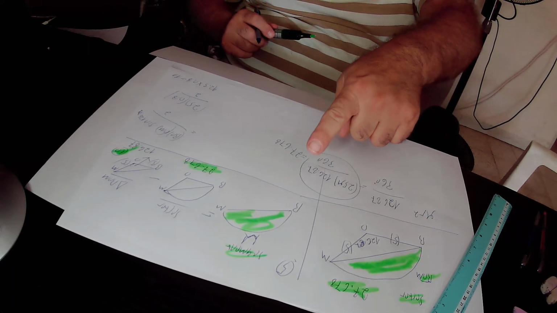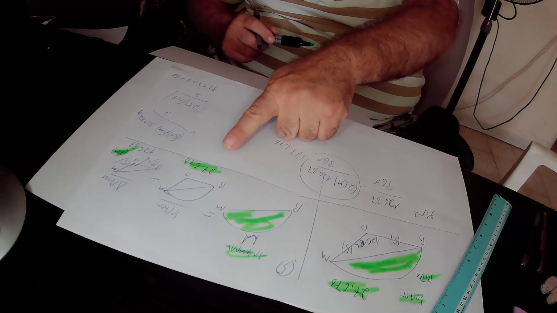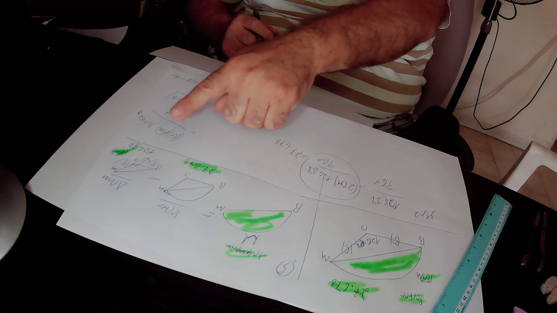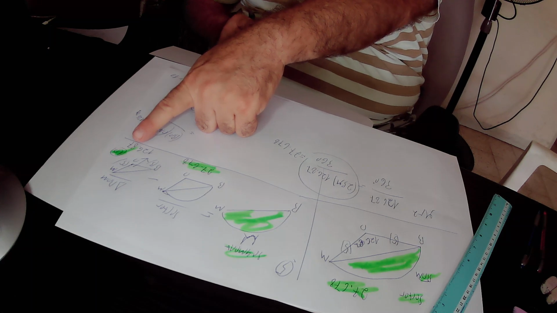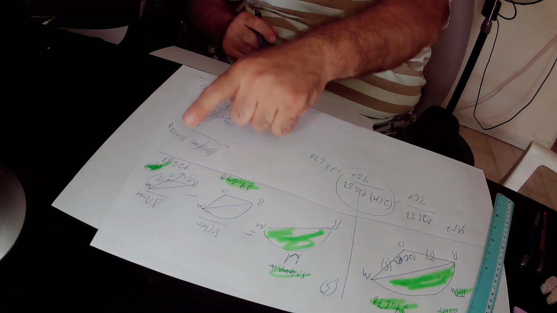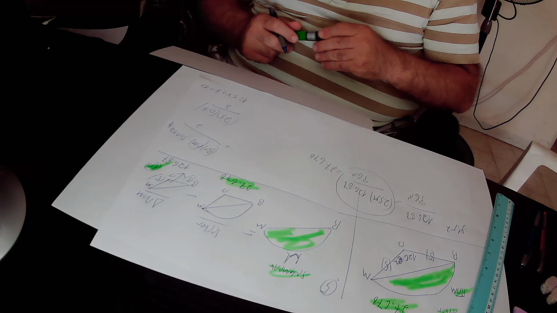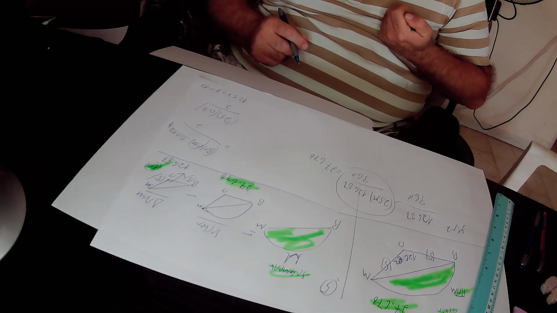And the area of this upper segment BOM is equal to the area of sector BOM, that is 27.678 square inches, minus the area of this triangle BOM, that is 10 square inches. 27.678 minus 10 is 17.678.